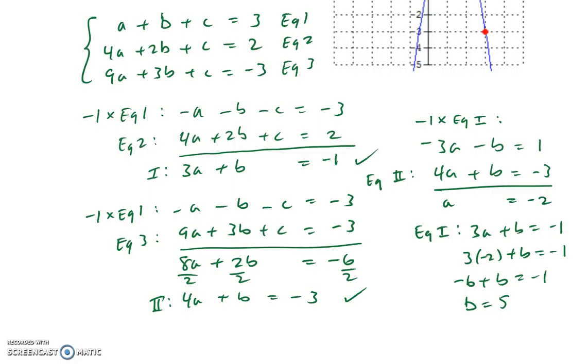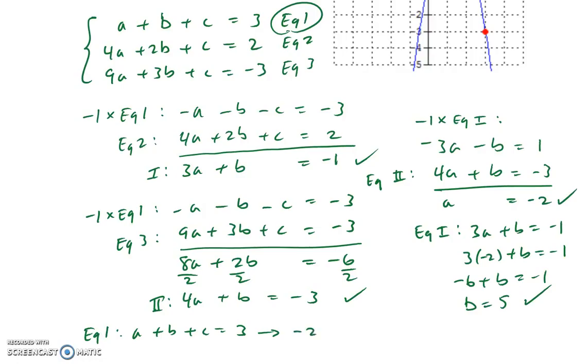And then we're left to still determine the value of c. If we go back up to equation 1, that is this equation here, a plus b plus c equals 3. And now I can replace a with -2, b with 5.